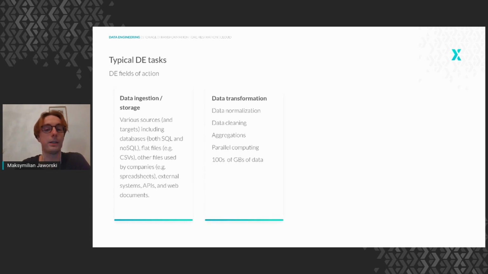Secondly, we've got data transformation. So data needs to be adjusted somehow to some kind of architectural standard. We've got data normalization and cleaning here, so the processes that make the data more accessible to users.